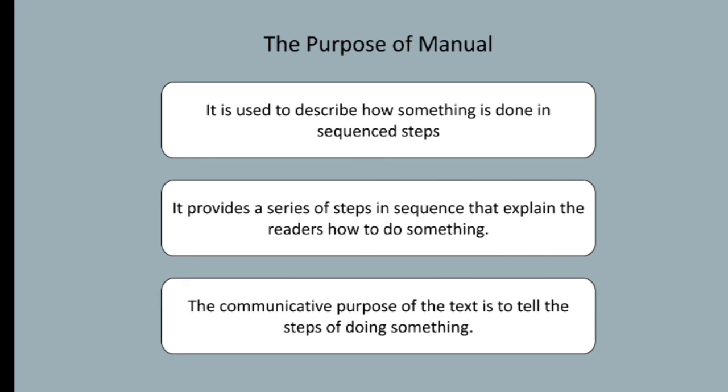Okay, this is the purpose of a manual. The purpose of the manual is that it is used to describe how something is done in sequence steps. And it provides a series of steps in sequence that explain to the reader how to do something. And the last one, the communicative purpose of the text is to tell the steps of doing something.